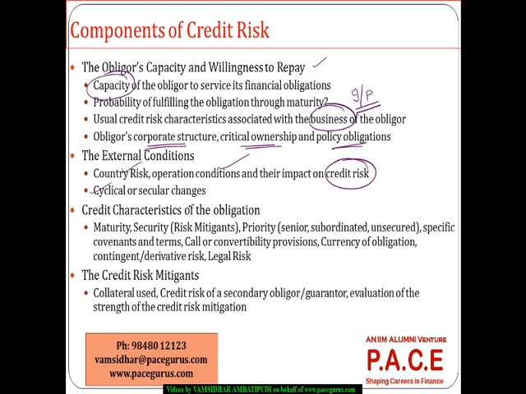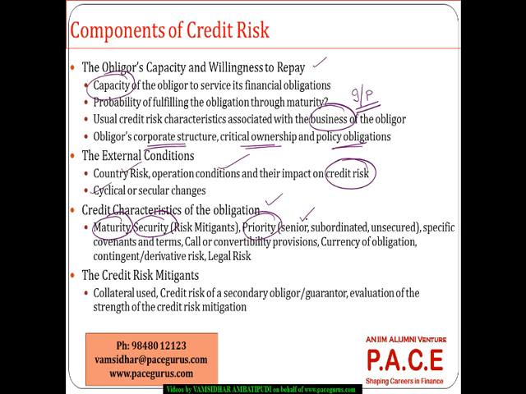Then we are also focusing on the credit characteristics of the obligation itself. What is the maturity? Is it for 5 years or 20 years? What is the kind of security that is associated? Is it secured by some kind of collateral, or is it completely unsecured? What is the priority in case the company goes bankrupt? Who will be receiving the first set of payments from the company, and who are the last to receive the payment?